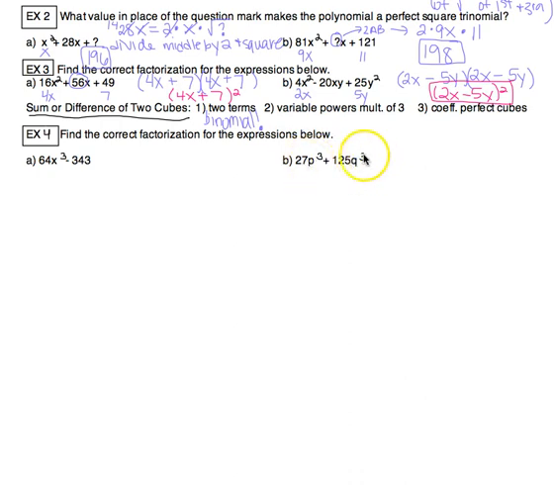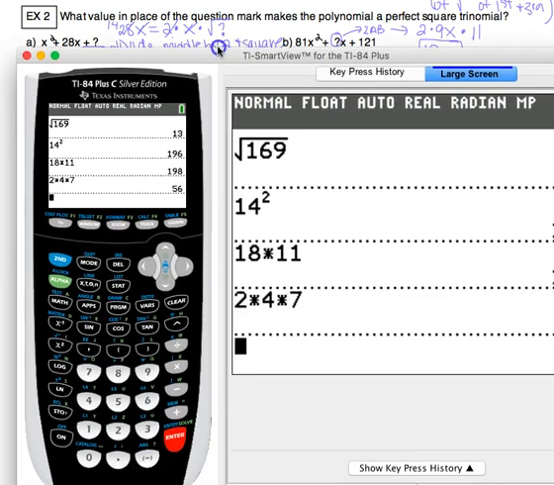You're mostly just going to see 3's, but it could be 3, 6, 9, 12. Any multiples of 3 could possibly fit into the pattern for sum or difference of two cubes. The coefficients themselves have to be perfect cubes. So many people do not know their perfect cubes as well as they know their perfect squares.